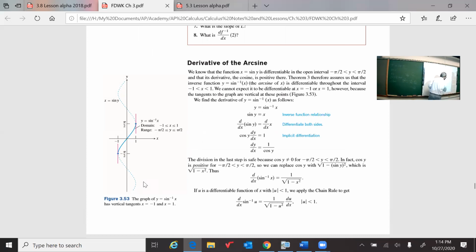Take the square root of both sides, and you get this: the square root of 1 subtract sine squared y. And they went up here and said, well, sine y equals x. So where there's a sine, we're going to put x. And you would get 1 take away x squared under the root sign in the denominator. If it were a mu instead of an x, you would have this 1 over the square root of 1 take away mu squared d mu dx.